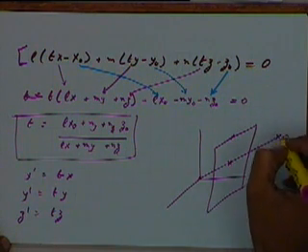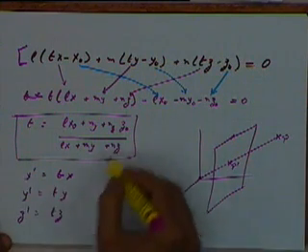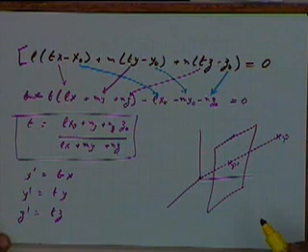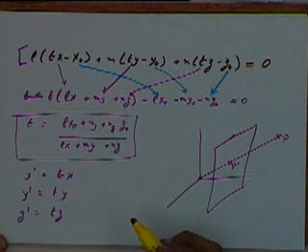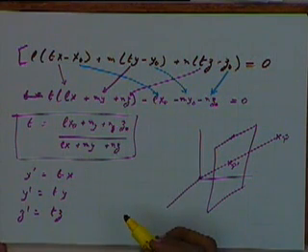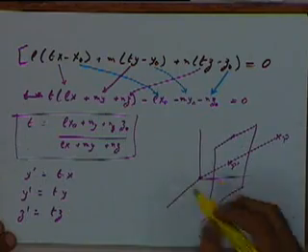Okay, this is my point P, this is my point P prime. The point P prime will be given by these relationships. Now in this, if you look at Lx naught plus My naught plus Nz naught, what does this correspond to? Distance of the plane from the origin.